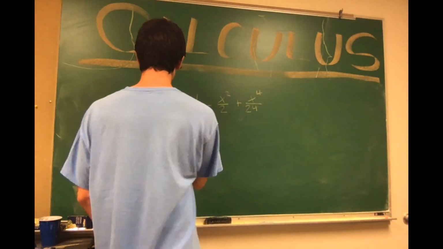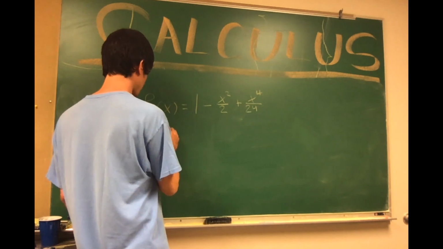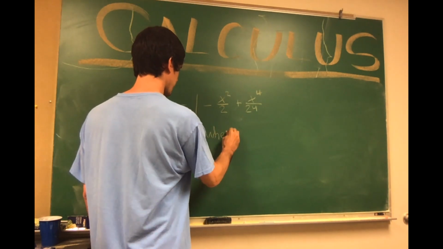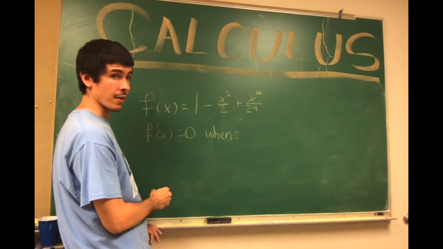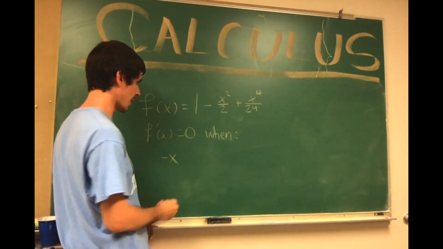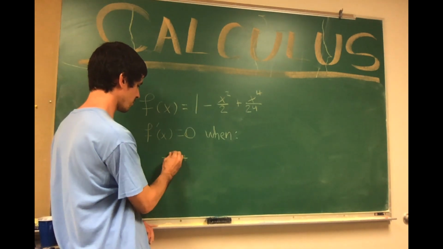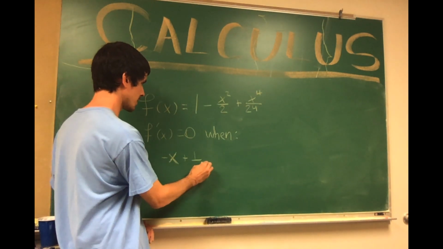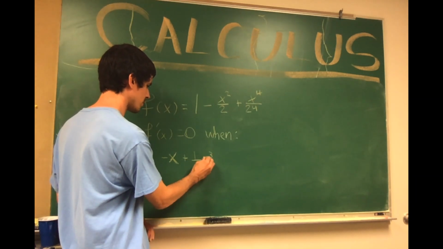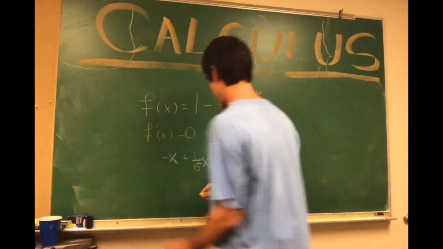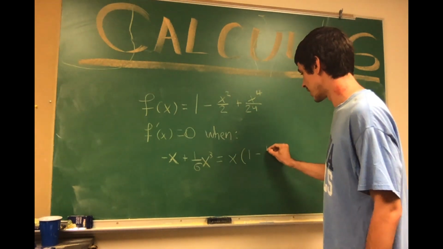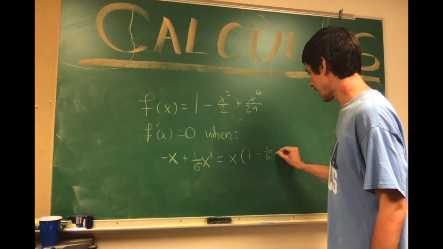So f prime of x equals 0 when, let's take the derivative. F prime of x is going to be negative x plus 1/6 of x cubed, and this can be factored as x times 1 minus 1/6 x squared.